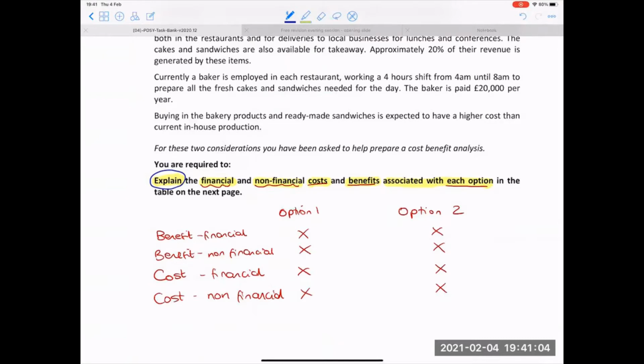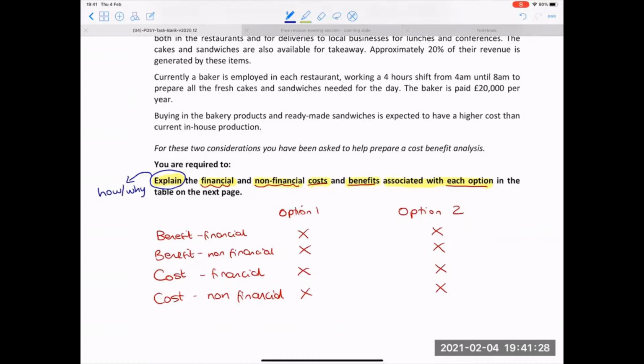So once I've come up with an option, an idea, what do I need to do with that idea? Once I've come up with an idea, say option 1 saves us some money, what do I need to then explain about it? Why that might be the case? Explain how and why.